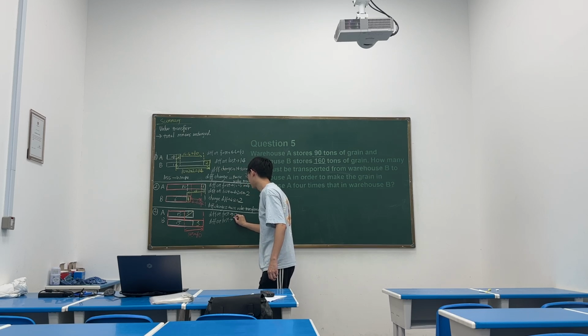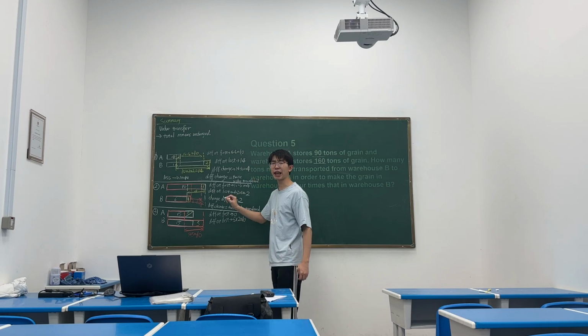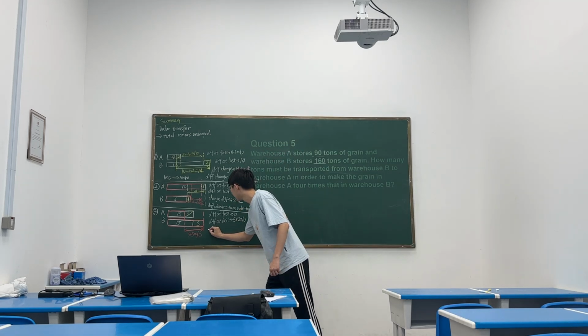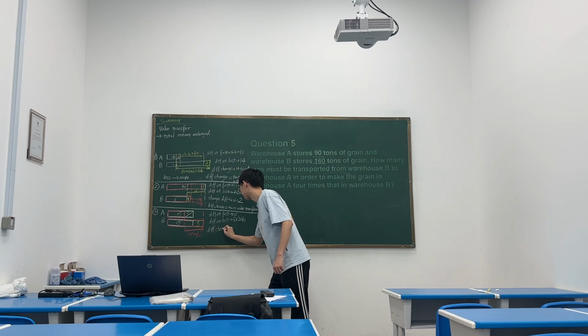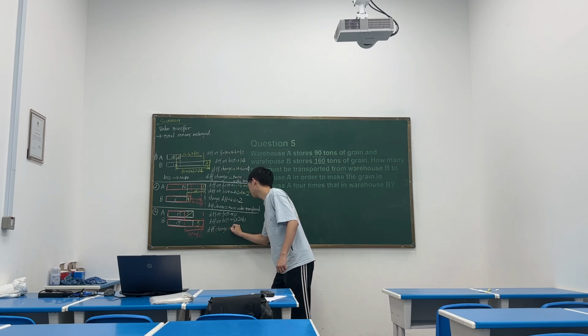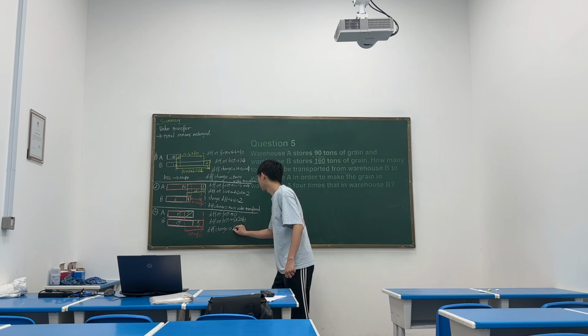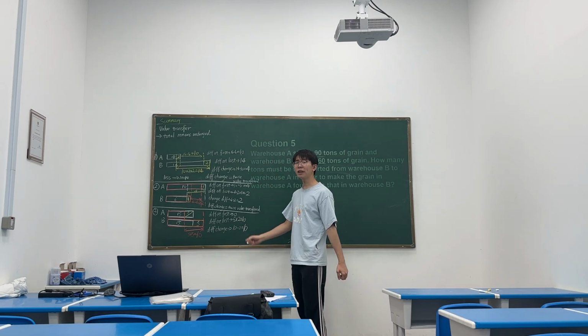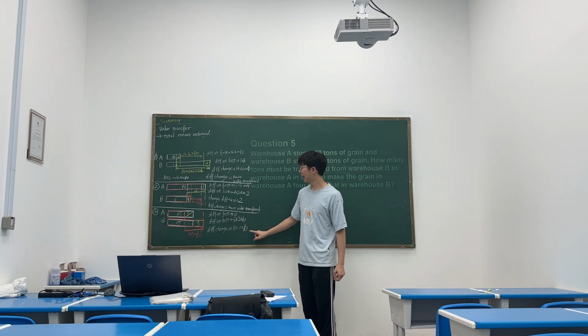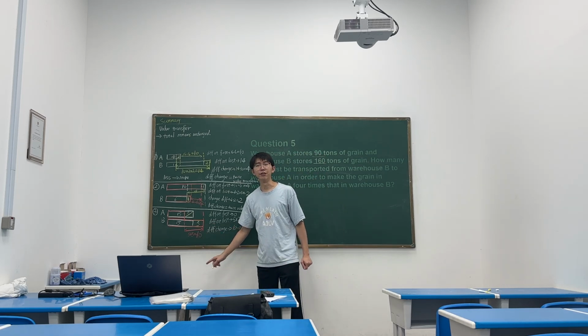Then the difference at last is 5 times 2 equals to 10. So what is the change difference? The difference change equals to 10 minus 0 equals to 10. Now what's the relationship between the change difference and the transfer value?